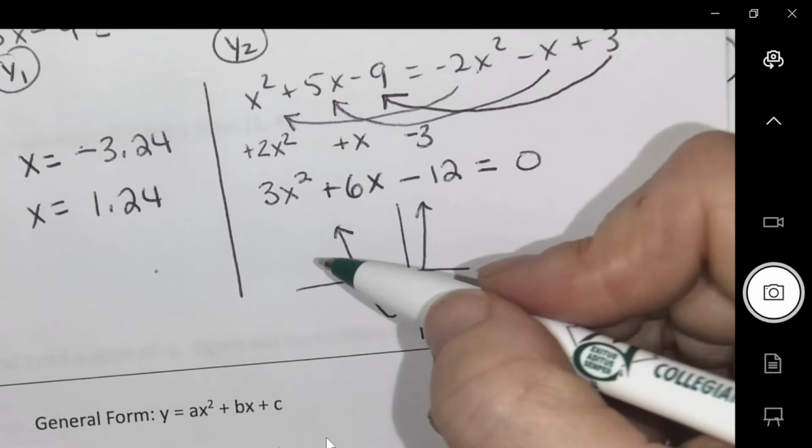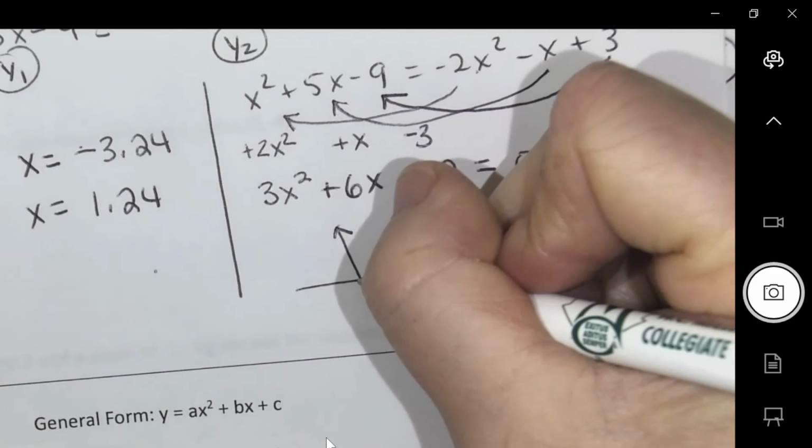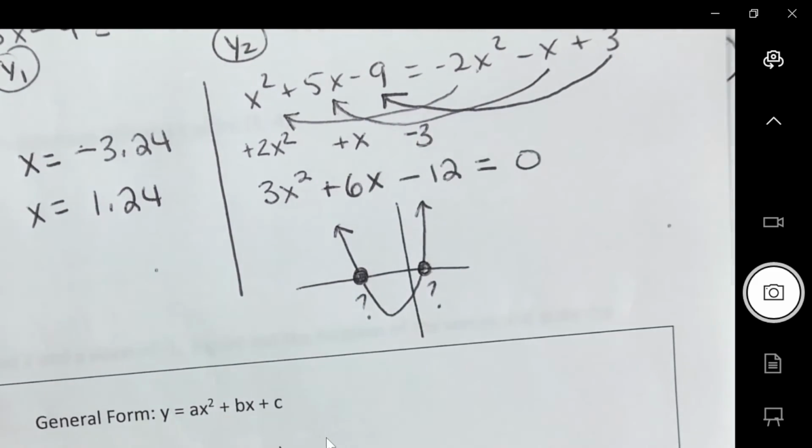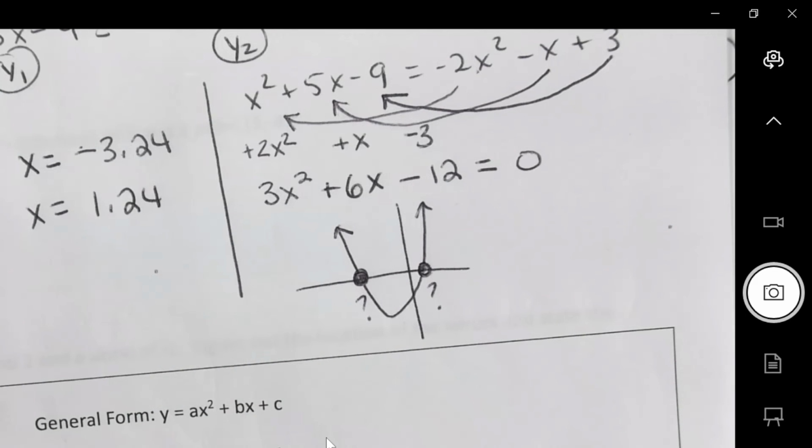Where does this graph equal 0? So this is what I'm looking for. Where does that graph equal 0? Okay, so get me those values. Any predictions on what those numbers might be?